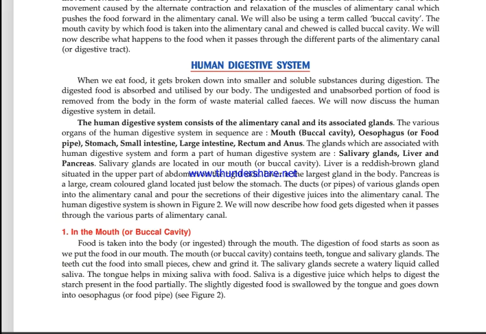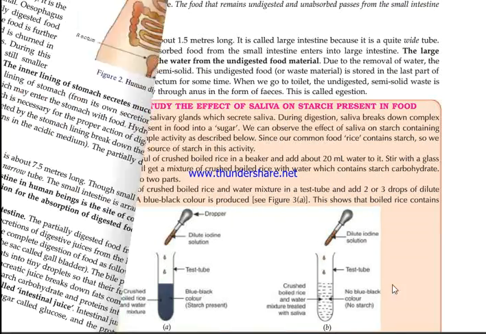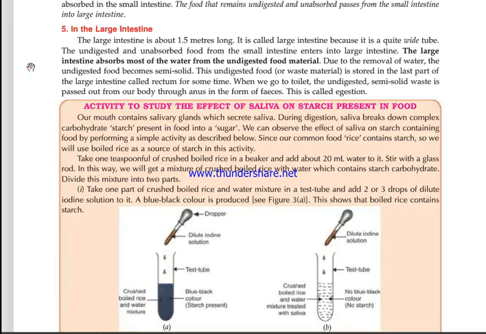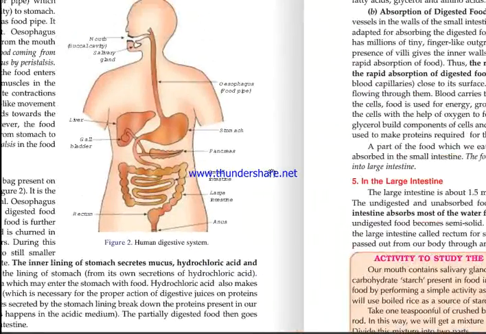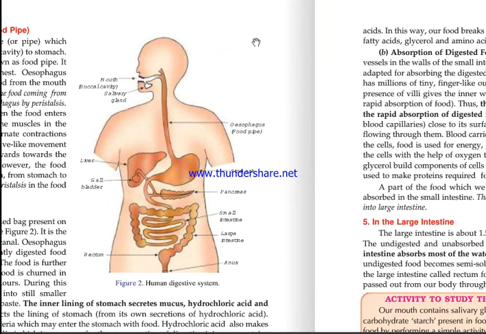First of all, see this figure. This is the labeled diagram of the human digestive system. It starts from the mouth, and the various organs are the food pipe, which is also called the esophagus, stomach, small intestine and large intestine.